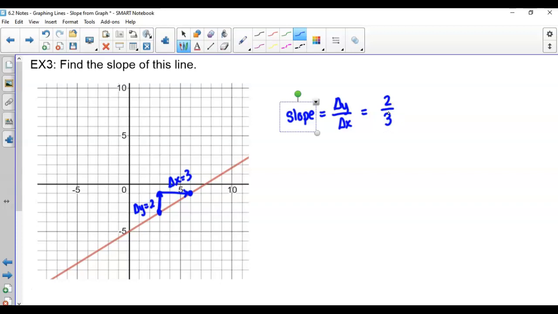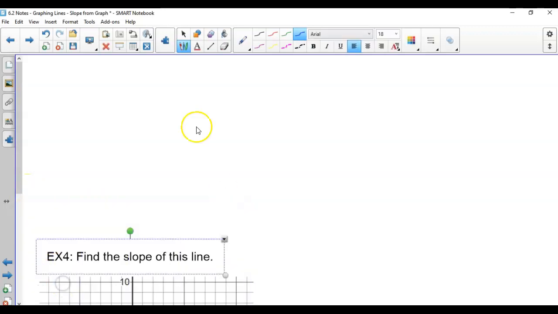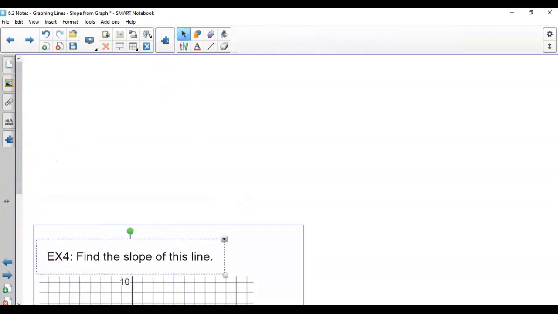And if we stop now, always think about your sign, either at the beginning or the end. And this graph, as you go from left to right, it is increasing. So if the graph is increasing, then you have a positive slope. So positive 2/3 is your answer for this slope. Alright, I don't know why this is down so low. Let's see if I can fix that.